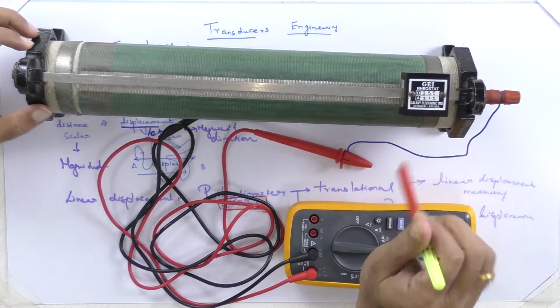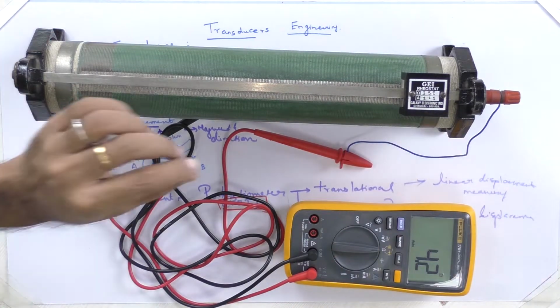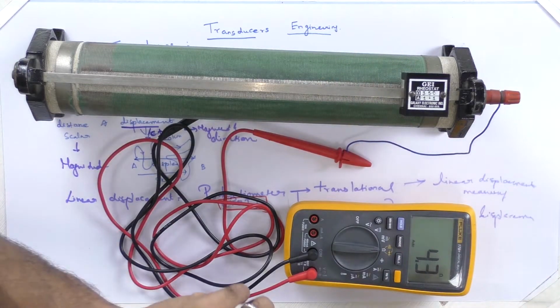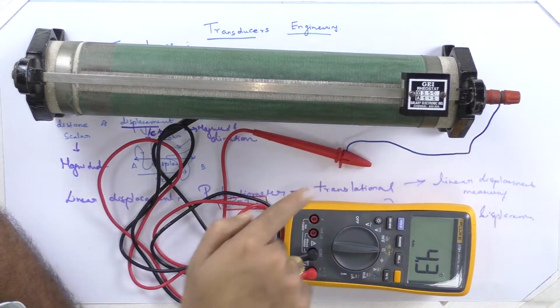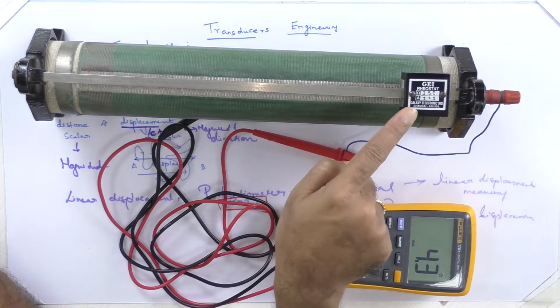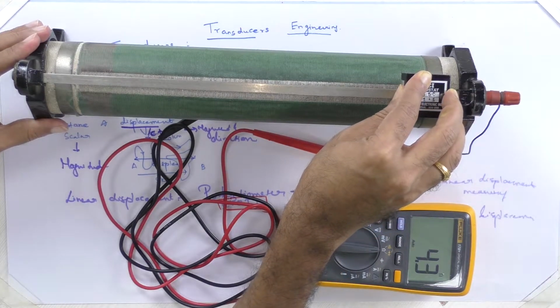So 0 is over here and 350 is over here. We can just check, but this is a very old rheostat, so we get an error at the end. Instead of 0, we are getting 4.3 over here, and then I start moving.